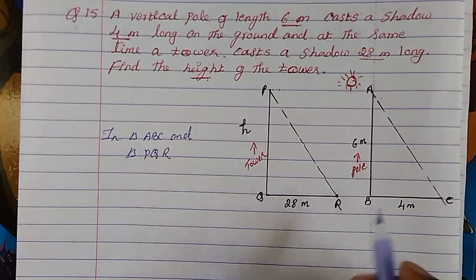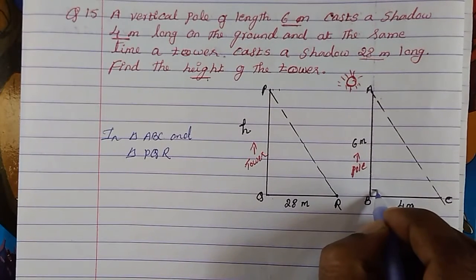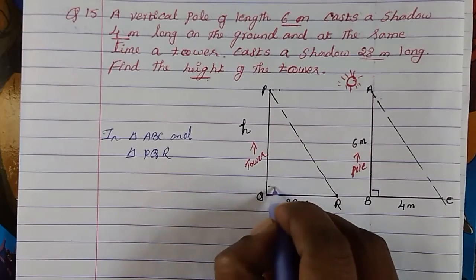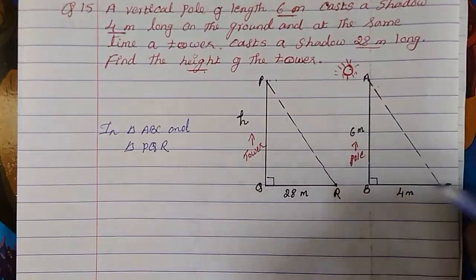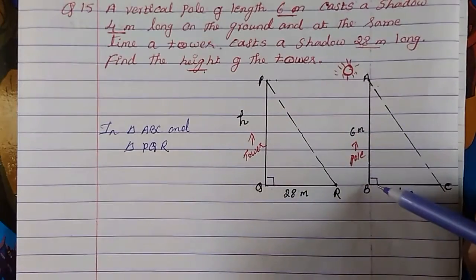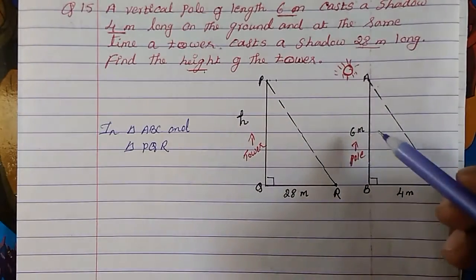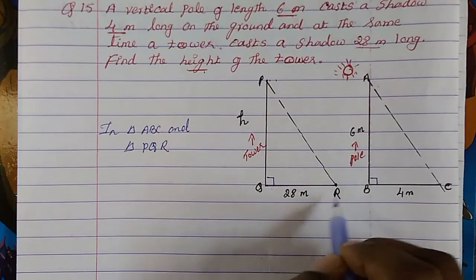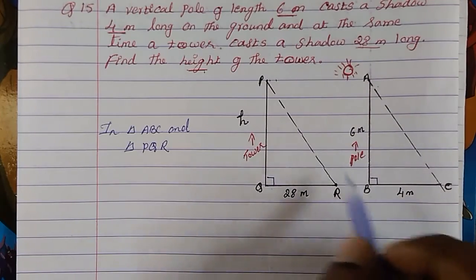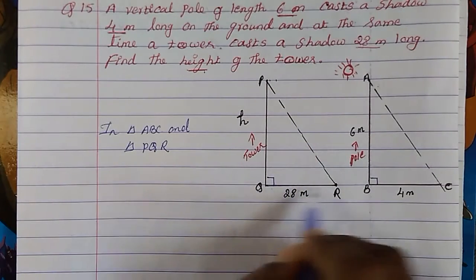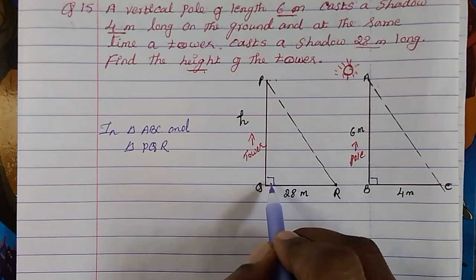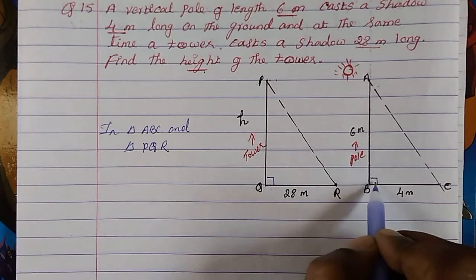Let us see. Can we say angle B will be equal to angle Q, because tower and pole both are vertically standing, right? And both the shadows are falling on the ground. Ground is horizontal. So when we say this line is vertical, to this horizontal line it forms a 90-degree angle.